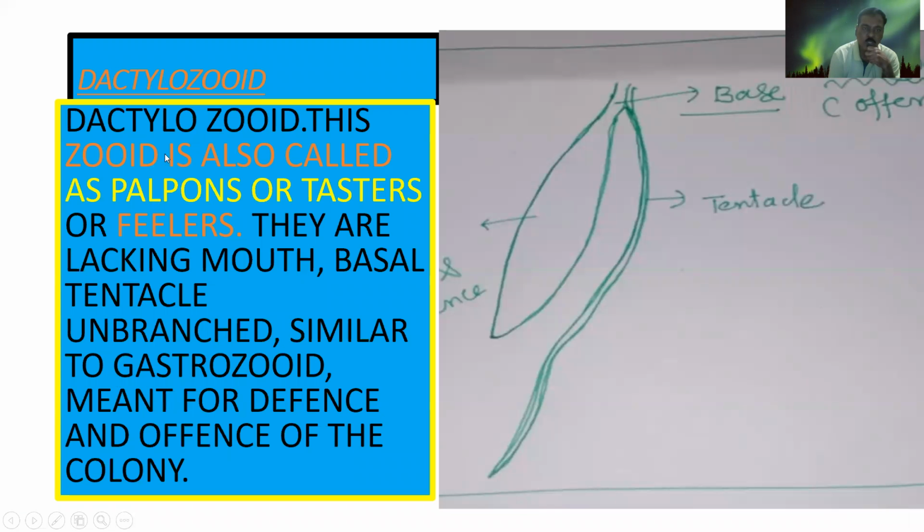The dactylozooid is also called palpons or tasters or feelers. They lack a mouth. The basal tentacle is unbranched, similar to gastrozooid in structure, meant for the protection, that means defense and offense of the colony.